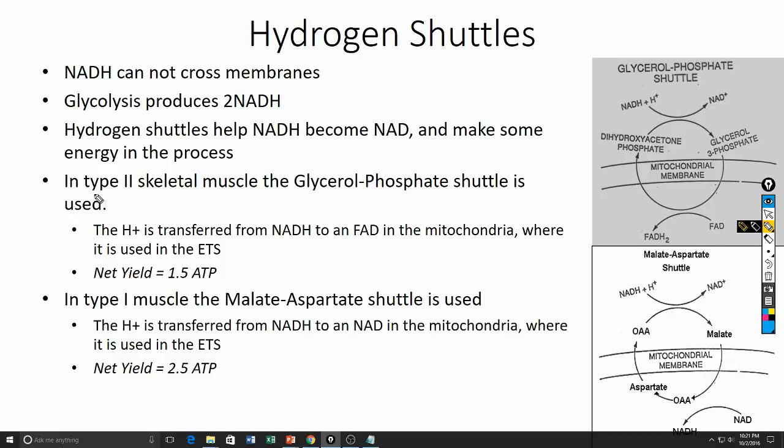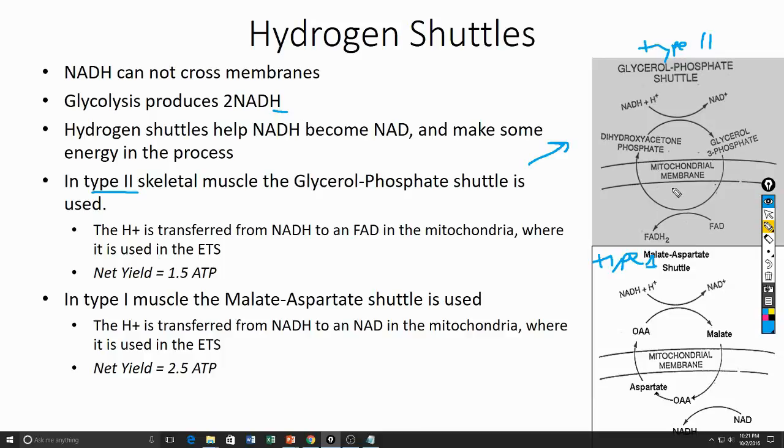Okay, so in type 2 muscles or fast twitch muscles, you use the first one. So this is going to be type 2. This is type 1. And so what a hydrogen shuttle does is it actually shuttles the hydrogen off of an NAD, and it moves it across the mitochondrial membrane.